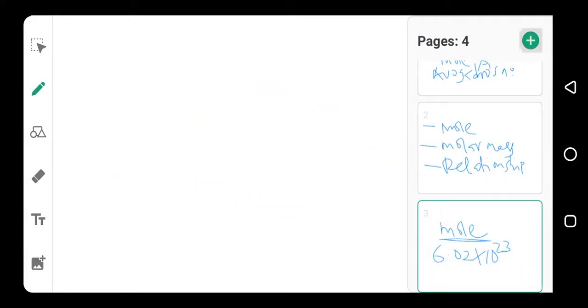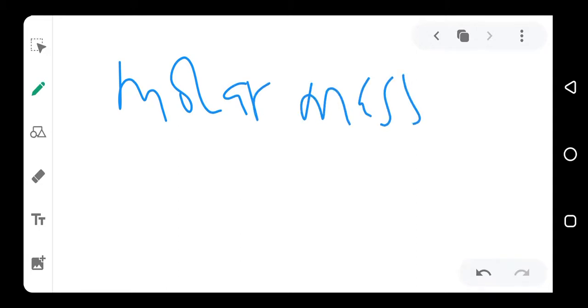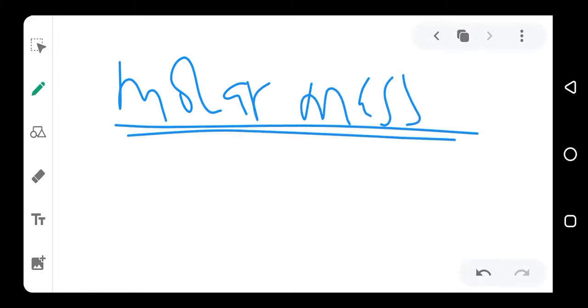Then for molar mass, the molar mass is the weight in gram of 1 mole of any substance.